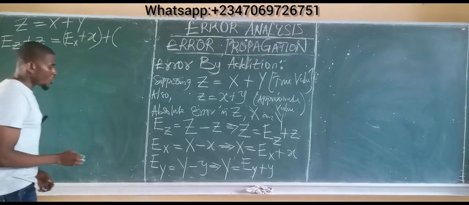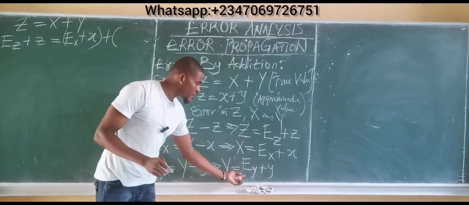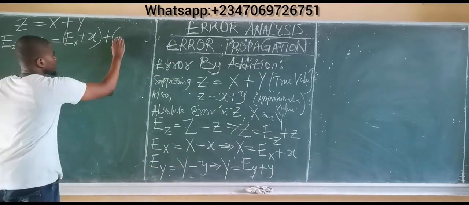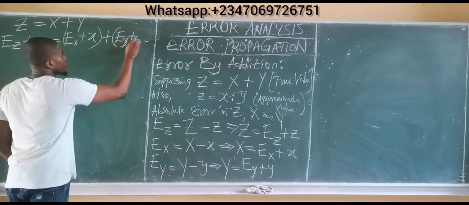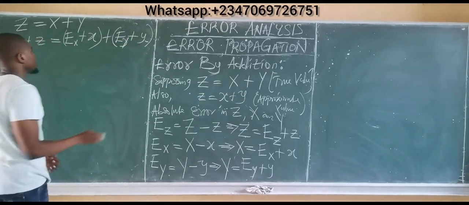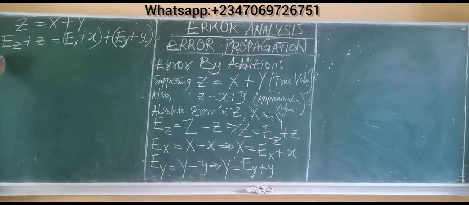For Y, we also obtain error in Y plus the approximate value of Y, that is simply EY plus small y.